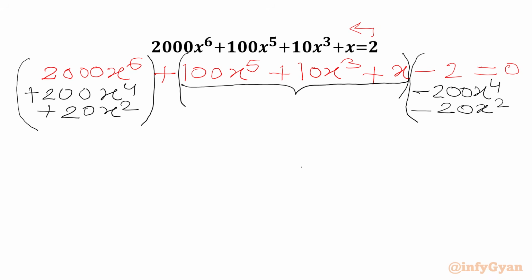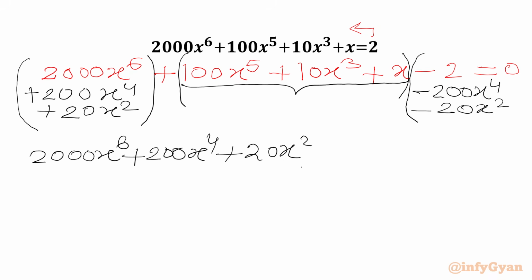So I will write here 2000x power 6 plus 200x power 4 plus 20x square. Then we have plus 100x power 5 plus 10x cube plus x.